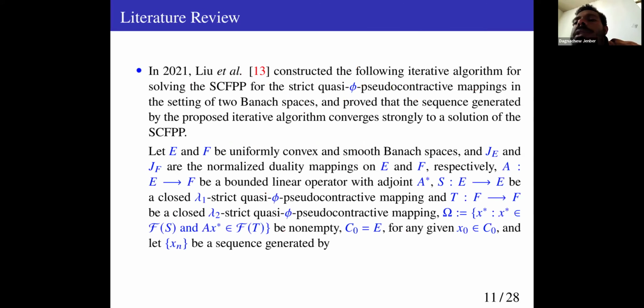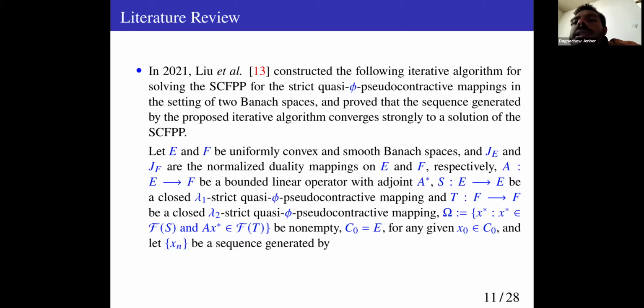For example, in 2021, Liu et al. constructed the following iterative algorithm for solving the above split common fixed point problem. It involves strict quasi-phi pseudo-contractive mappings, of course, in the setting of two uniformly convex and smooth real Banach spaces. They take this assumption that S is defined from E to E, T is defined from F to F.